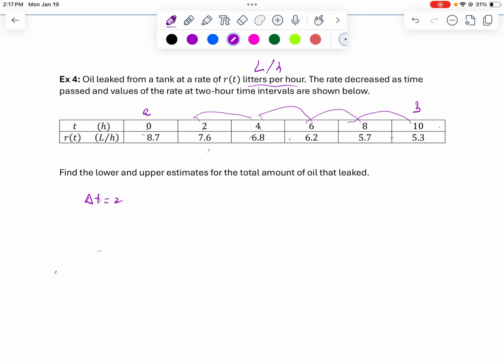So our delta t is 2. You can see these values. This will be the value of f of 0, this is f of 2, and so on. We don't need to write that.